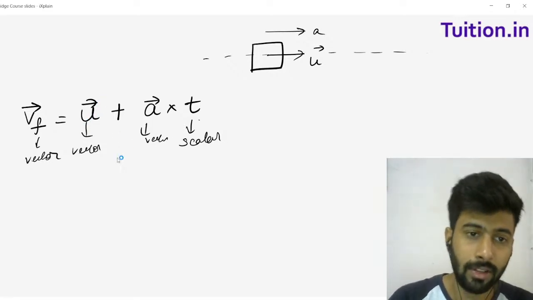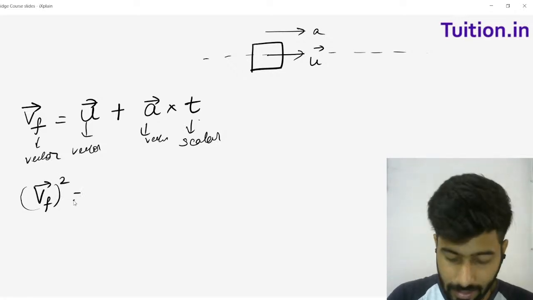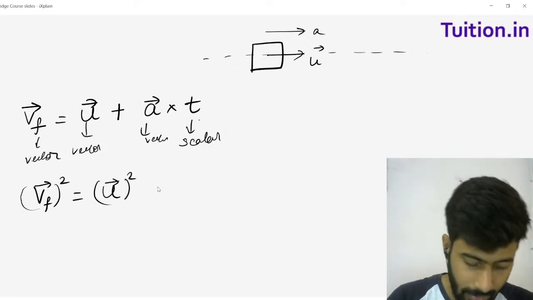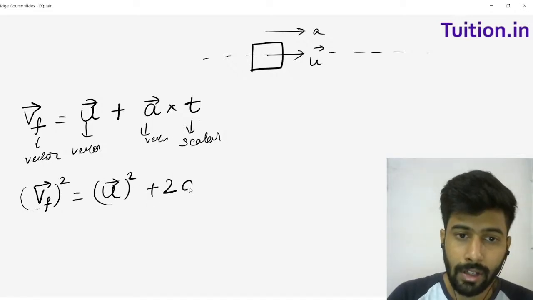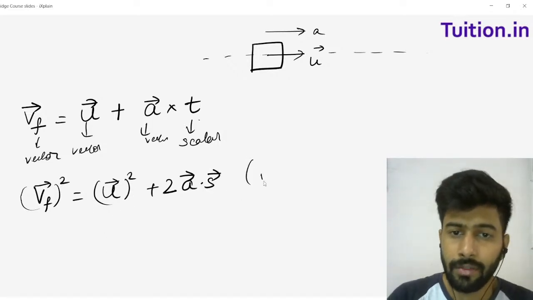You have. Next you have final velocity vector square is equal to initial velocity vector square plus 2 into a bar dot s bar. This is nothing but your v square minus u square equal to 2as.